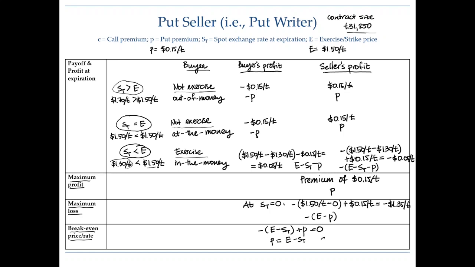So when I solve for it, I see that at future spot rate of $1.35, the put buyer will exercise this contract and will have a positive payoff of 15 cents, which means the seller will have a loss of 15 cents, but of course that is offset by the premium of 15 cents, so the seller does not make money or does not lose money. So in the future, if spot rate happens to be the same as exercise rate minus the premium, at that future spot rate, seller will break even, also the buyer will break even too.